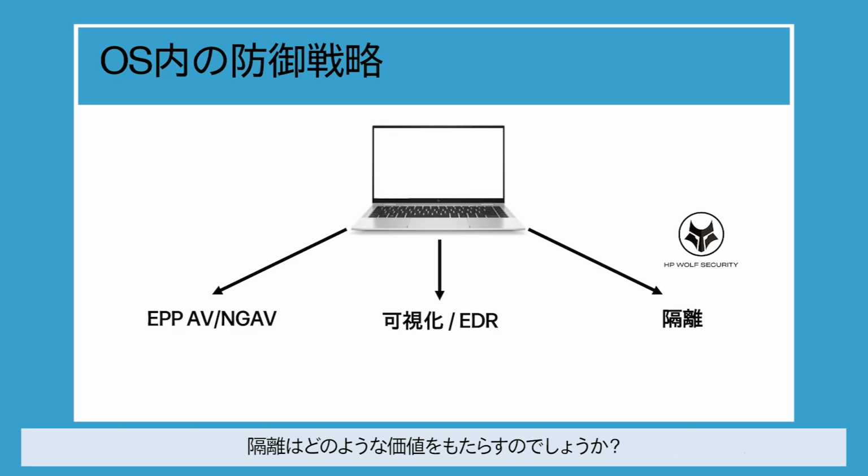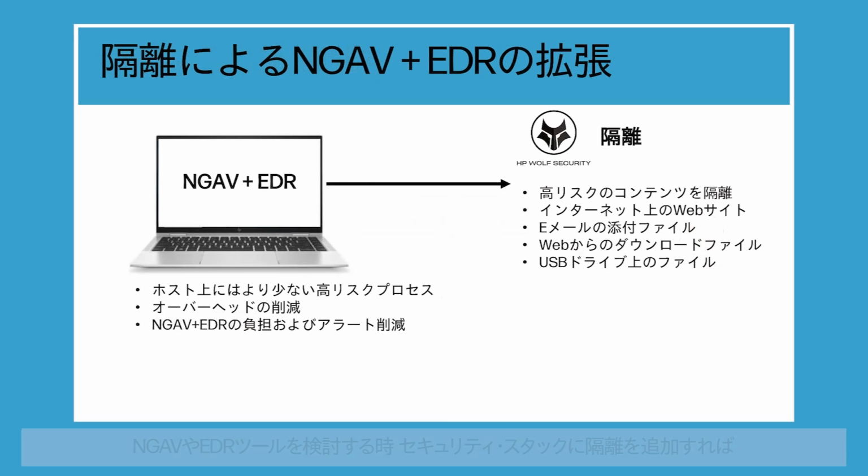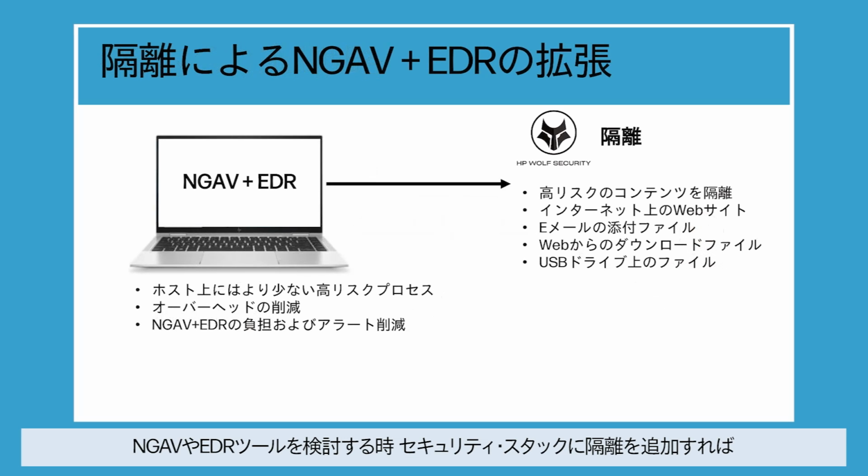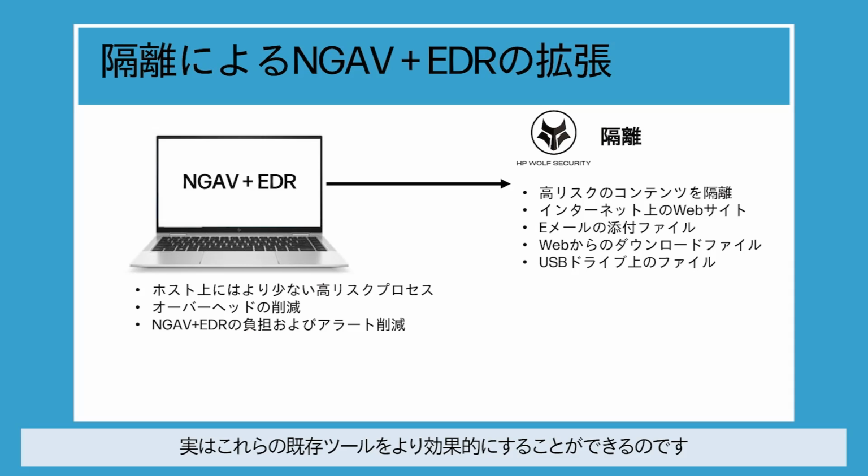And so what value does isolation bring? Well, when we think about your NGAV and EDR tools, if we add isolation into your security stack, we're actually going to make your existing tools more effective.